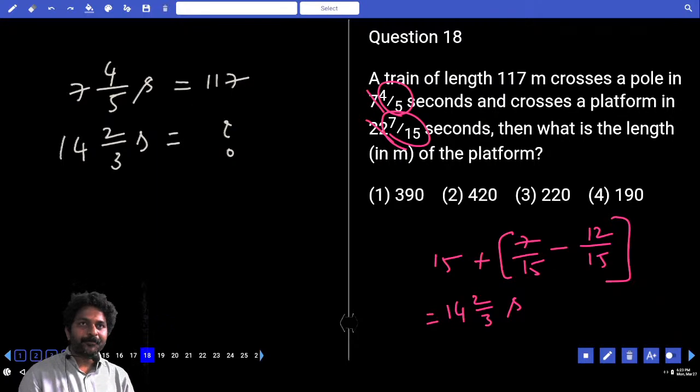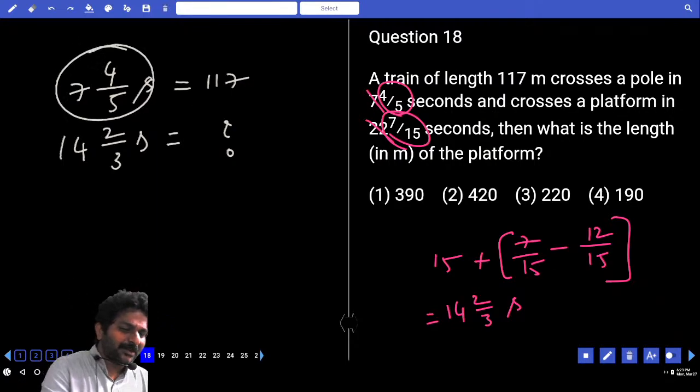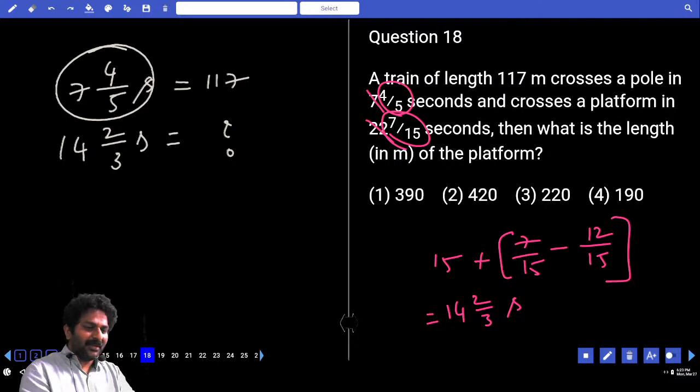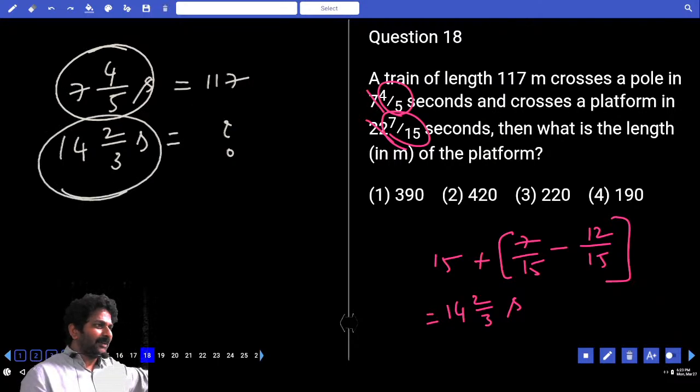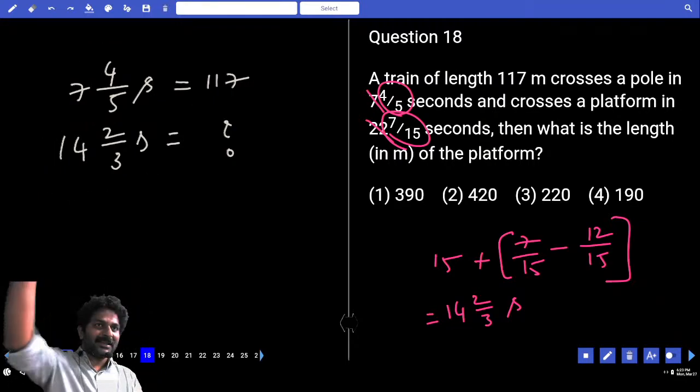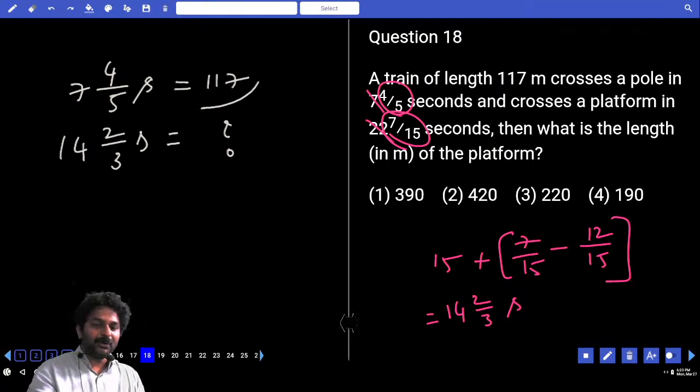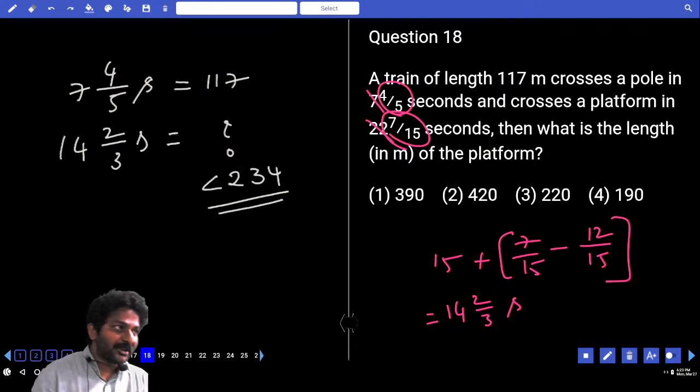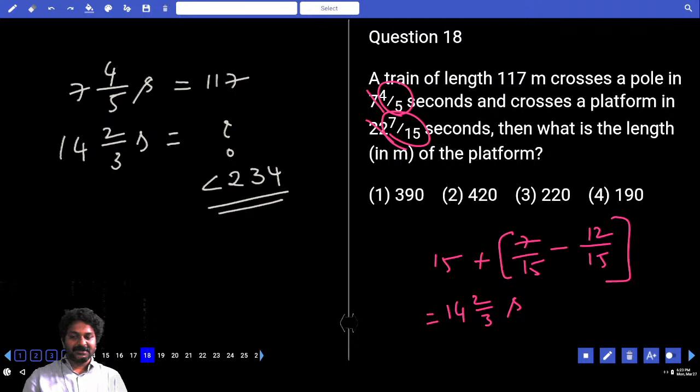It will take time. But my consciousness says, what is 2 times of this number? Little bit more than this number only. Right hand side also it will be the same approach. 2 times of this number, 234. Then this answer must be less than 234, but very close to that number only. Go to options. Over.